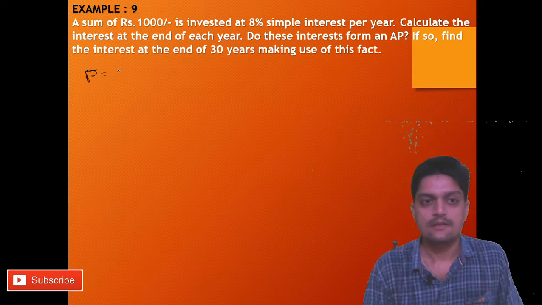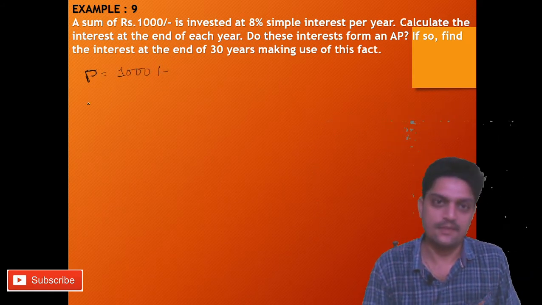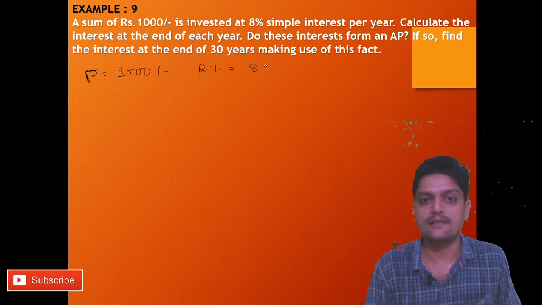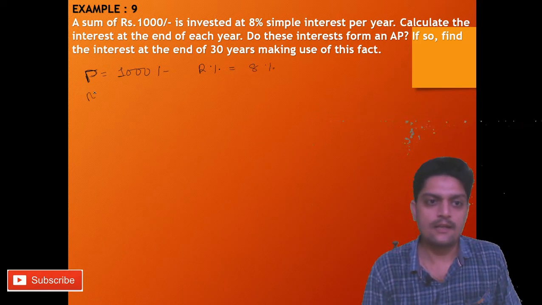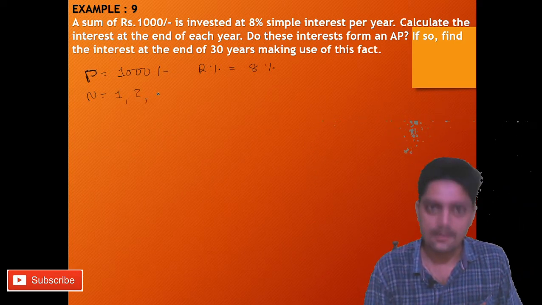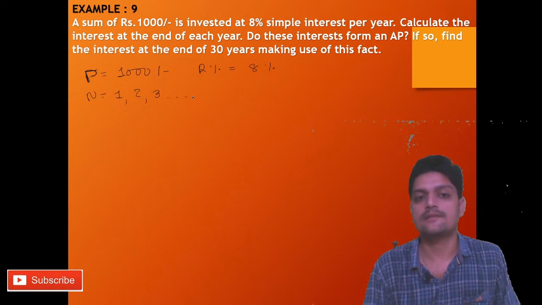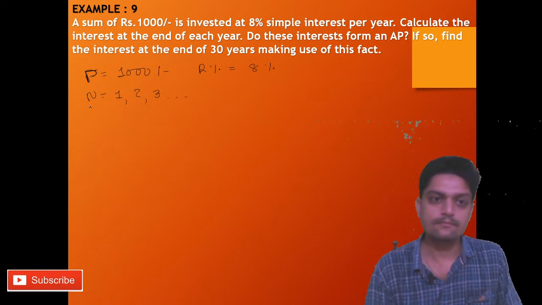So P is equal to 1000 rupees, and R is also given, R means percentage, so that is 8%. And N is equal to 1 first, then we have to take 2 years, we have to check for 3 years, and so on.